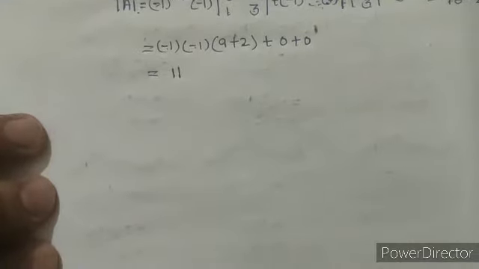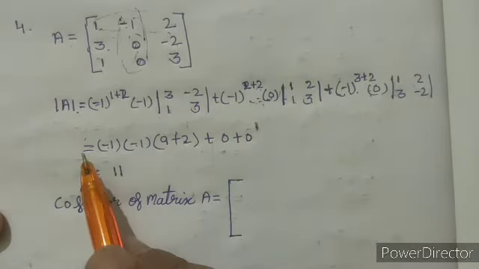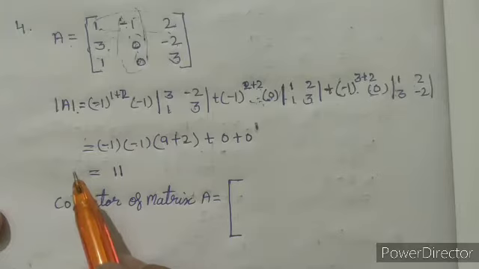Now we have to find the adjoint of matrix A. For that, first of all, we will find the cofactors of the matrix A. Here I am directly finding the cofactors of the matrix. You can find the cofactors as we have done in question number 2.